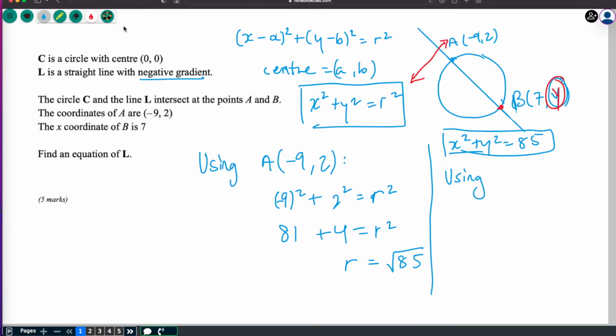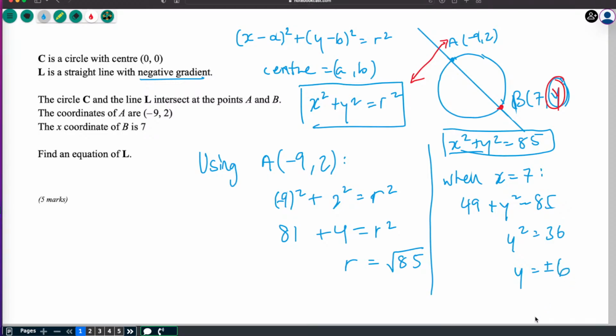When x equals 7, we get 49 plus y squared equals 85. Then y squared equals 85 take 49. Oh, that's a nice number, isn't it? 36. And then y equals plus or minus 6.